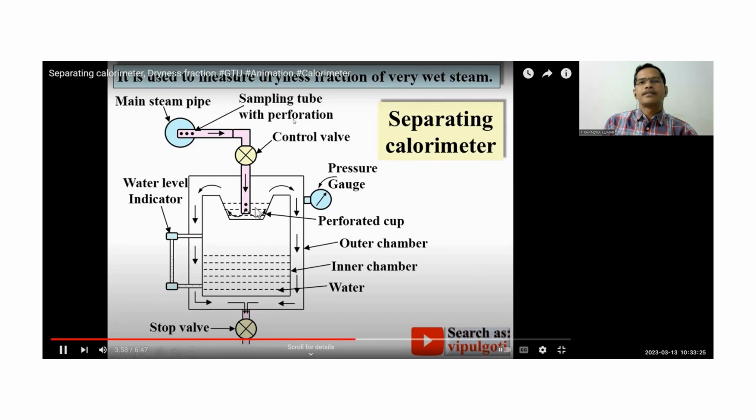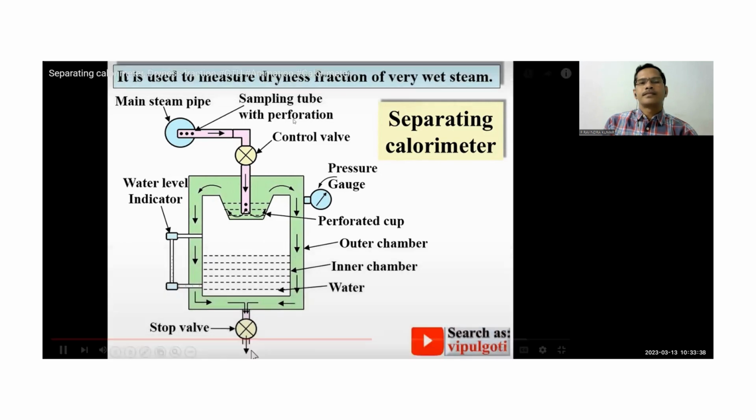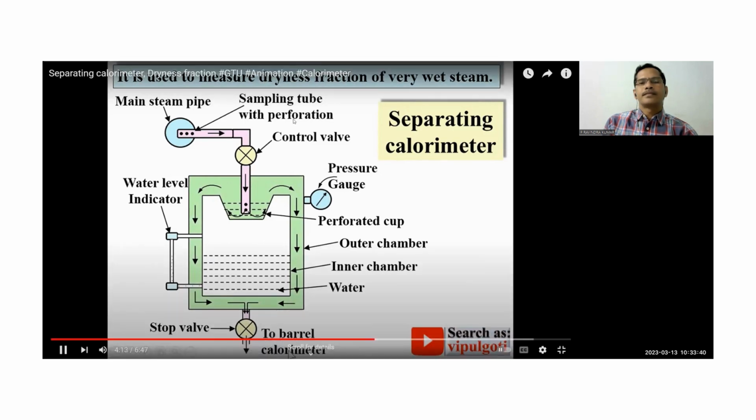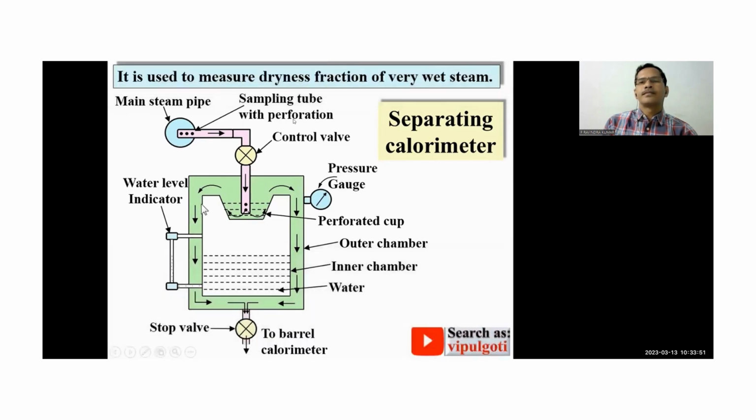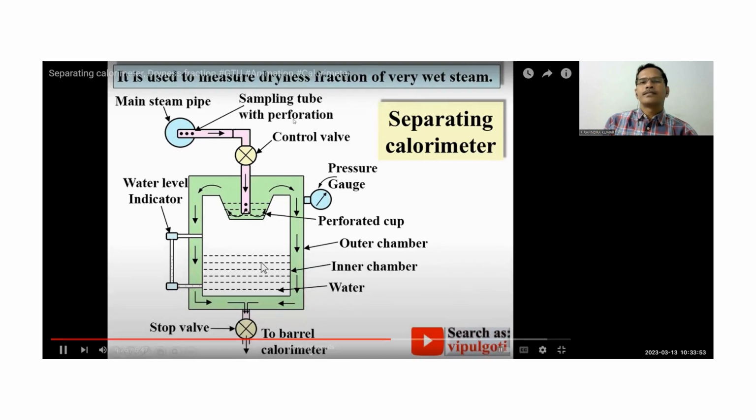Here, this green color is actually the steam. Due to the light density, it comes over here, and then it is discharged to the barrel calorimeter, where the weight is measured. So this is a very simple figure, and definitely you can draw it in the examination.